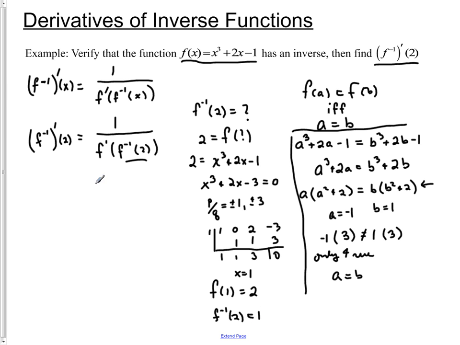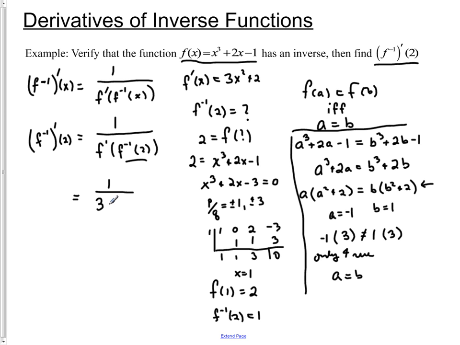And how does that help me here? Well, f prime of x, the derivative of our original function, is 3x squared plus 2. So if we want to find f inverse prime of 2, we're going to do it by taking 1 over f prime of f inverse of 2, which is 1.